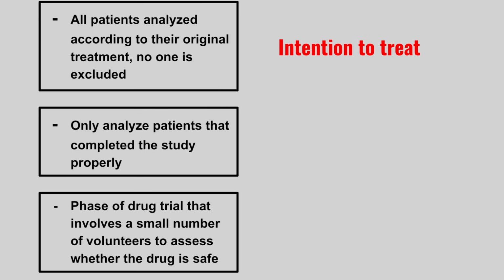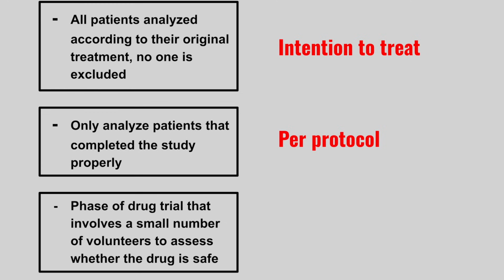This is an intention to treat analysis, and we like to compare that to the next one, where we only analyze patients that completed the study properly. This is per protocol. And remember, the intention to treat is more similar to our real practice, because a lot of times patients don't actually do what we prescribe in an organized manner. And so intention to treat often simulates actual clinical practice.